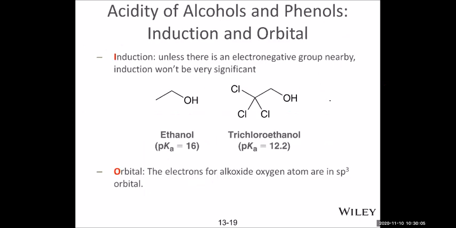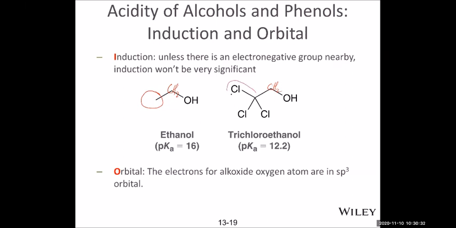There are some other factors. The induction effect we learned about before: stronger electronegative atoms can pull the electrons away and make the alcohol more acidic. This is a good example. This is trichloroethanol, and this has the same methylene group, but next to it, instead of a methyl group, we have a trichloromethyl.